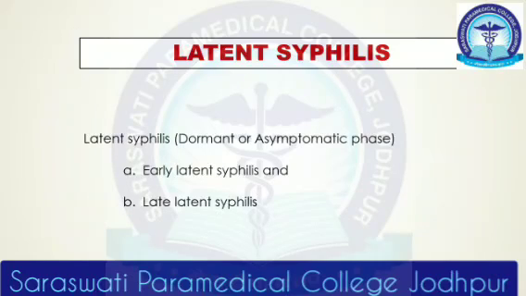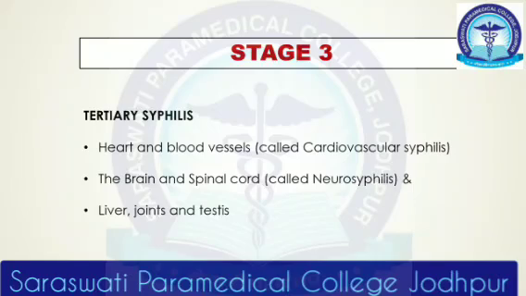Going to the third stage, that is called tertiary syphilis or systemic tertiary syphilis. This stage is going to affect your various organs like the heart and blood vessels, and it also affects your brain, your spinal cord, and organs like the liver, joints, as well as testes.